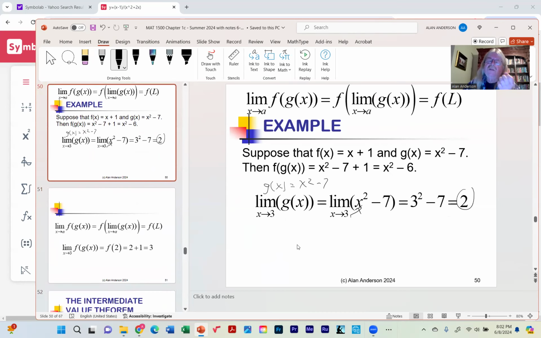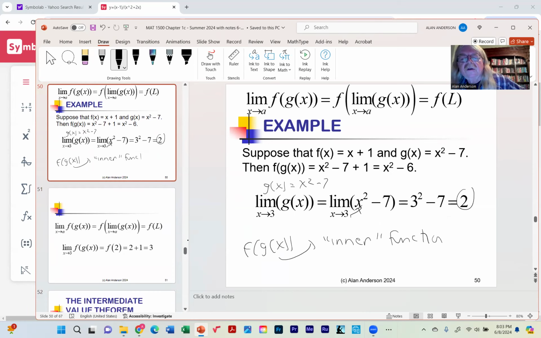Now, by the way, when you have a composite function like this, g of x is the so-called inner function, and this f is called the outer function.